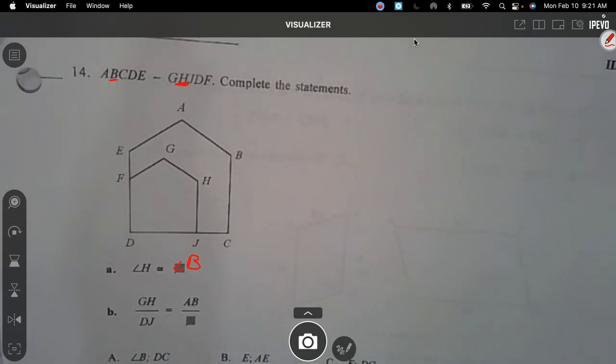Okay, this one says, GH goes with, sorry, GH, and they did it to DJ. So AB goes to DC. Okay? So you were kind of matching the bottom of the small one with the bottom of the big one.